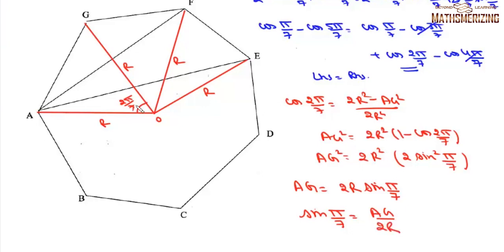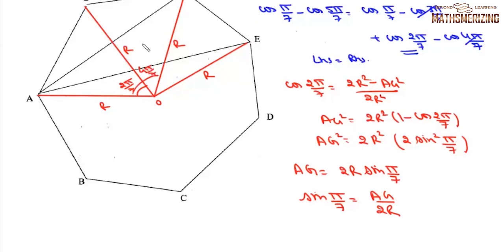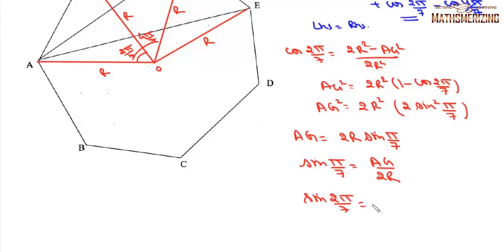Now for this triangle, the angle is now 4π/7. So we'll get sin(2π/7) equals AF/2r. And in the same way, this is 6π/7. So we write sin(3π/7) as AE/2r.